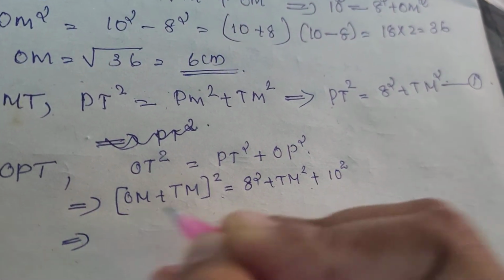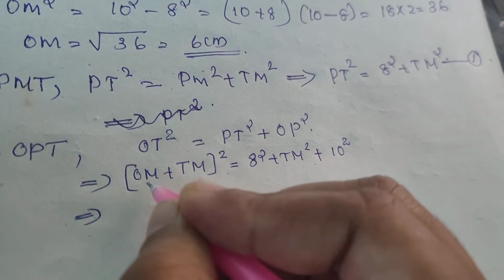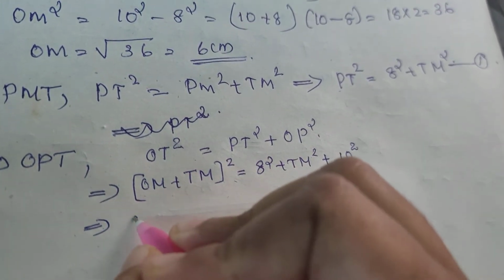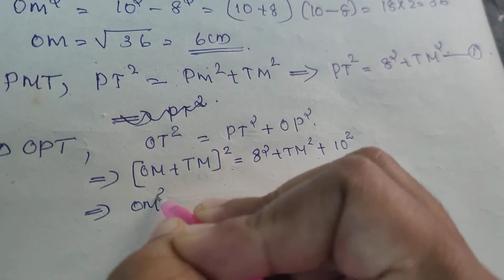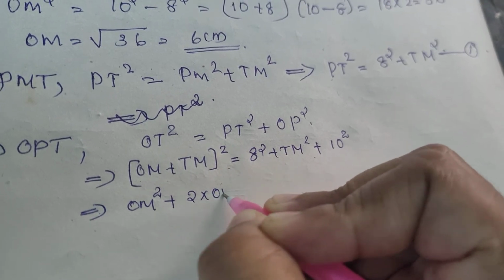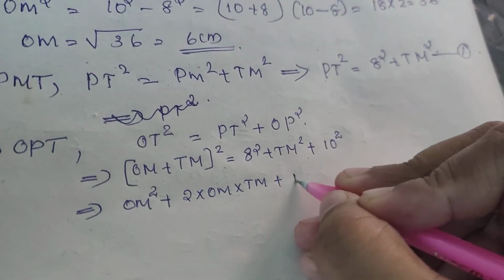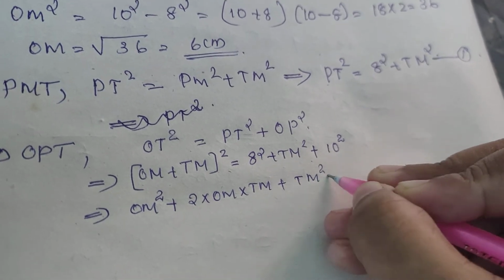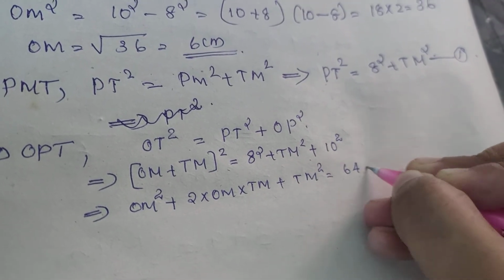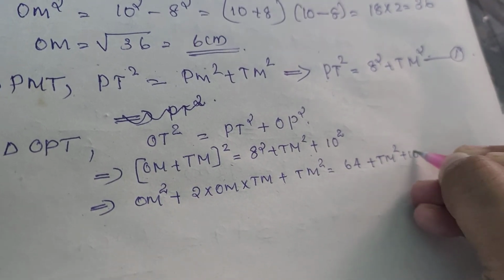So the left side we open with the identity A plus B whole square, that is A square plus 2AB plus B square, that is OM square plus 2 into OM into TM plus TM square equals 64 plus TM square plus 100.